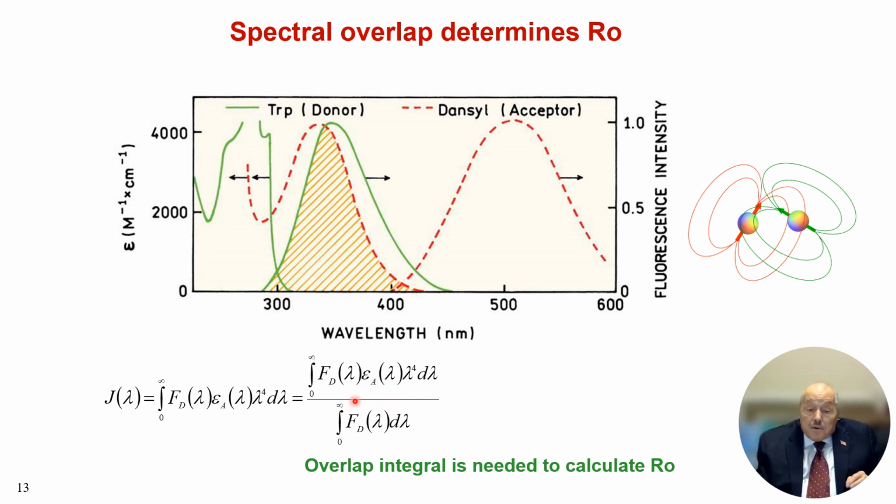But in the numerator, we have the donor emission spectrum and the acceptor absorption spectrum, this part here. And that's the part that we were just pointing to. And I can't explain why the lambda to the fourth shows up there. So this seemingly is a big problem for energy transfer measurements, but as I'll show you in a few moments, really not.